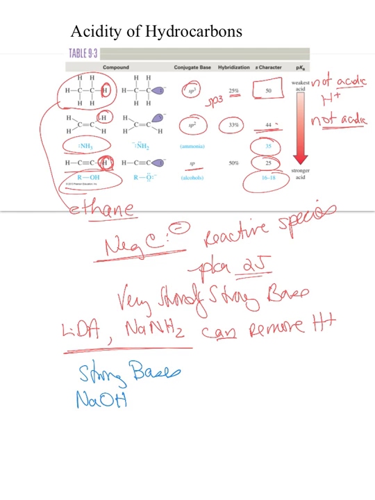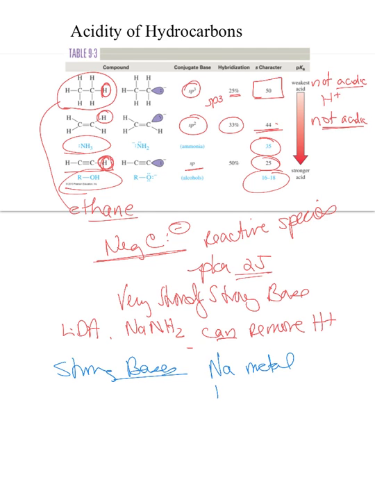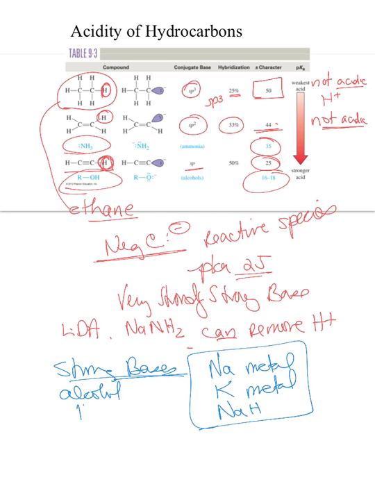Something like sodium hydroxide and potassium hydroxide, actually, they're not the best. For your strong bases, use sodium metal, potassium metal, and sodium hydride. Those are the reagents you would want for your alcohol proton removal. Okay.